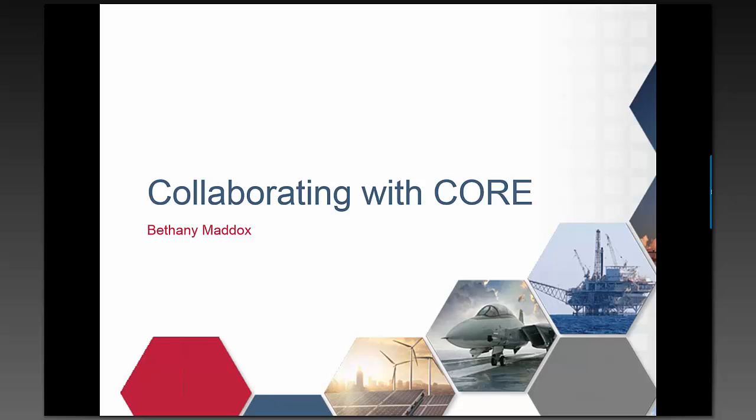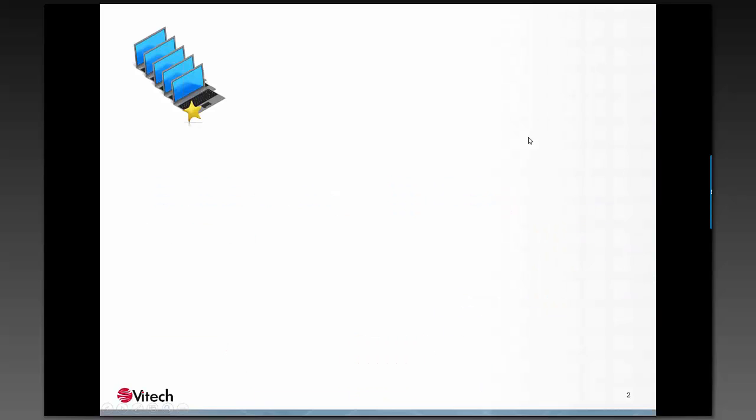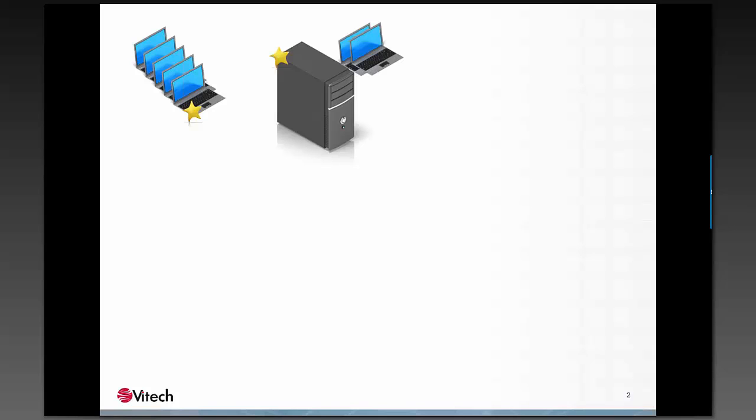So let's get going with our topic of collaborating with CORE. There are many ways to collaborate. You could use multiple workstations as shown here. You could have a server that serves as your master repository and maybe have a couple other workstations on the side that need to share data.